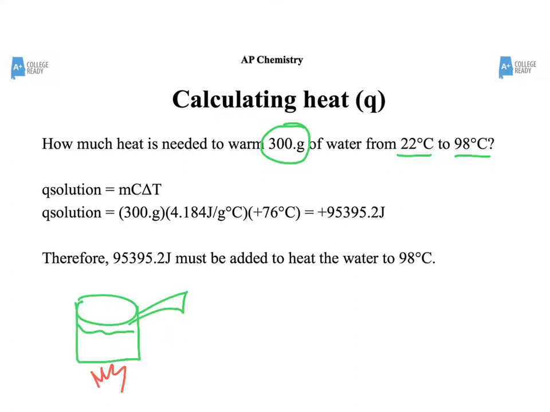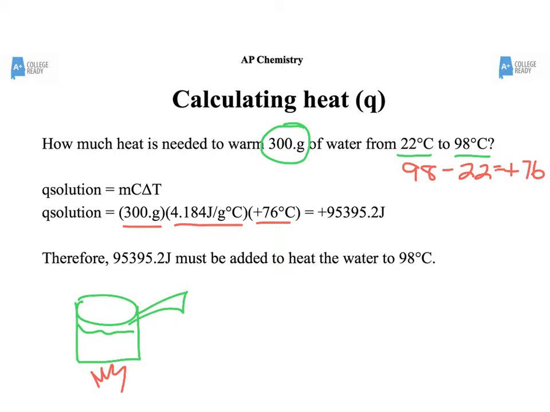So all we have to do is plug all that information into the Q equation. 300 grams of water, and we know the specific heat of water, which will always be given to you, is 4.184 joules per gram degree Celsius, and we want the temperature to go up 76 degrees Celsius. 98 minus 22 gives us positive 76. So how much heat do we have to put in?